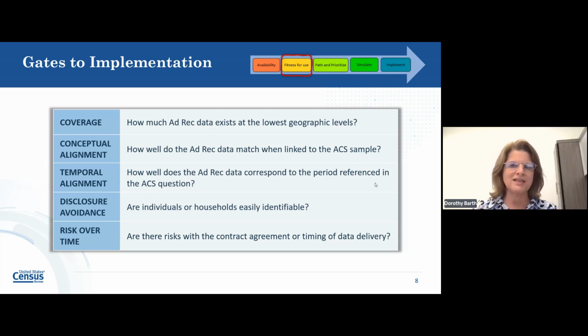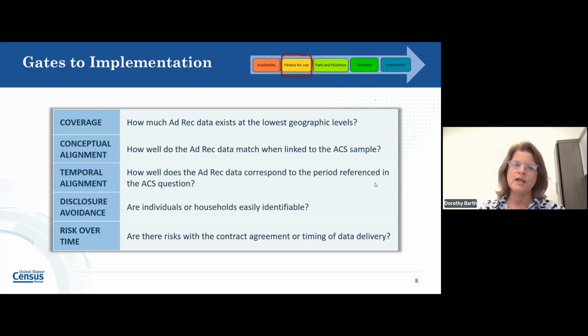Does the admin rec data correspond to that reference period? Also, we cannot have any individuals or households being identifiable. So we want to make sure that there's enough data that would cover that. And we look at, are there risks over time with contract agreements, the timing of delivery, the quality of data, and things like this.